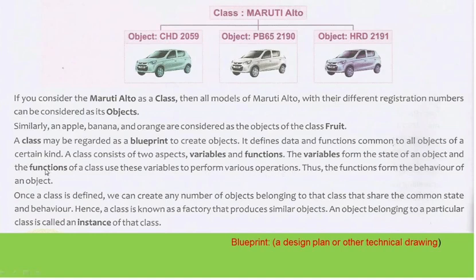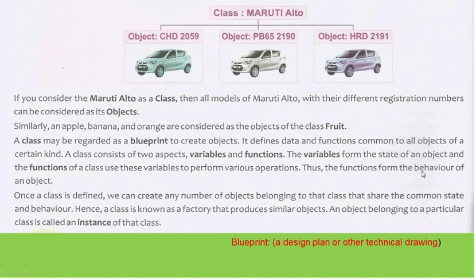So the functions that we will define when we create a class, in object oriented programming, first thing we'll do is we'll create a class, and then we will define its variables, and then after defining variables we will define functions, and these functions, they will use these variables, okay, to perform different operations.